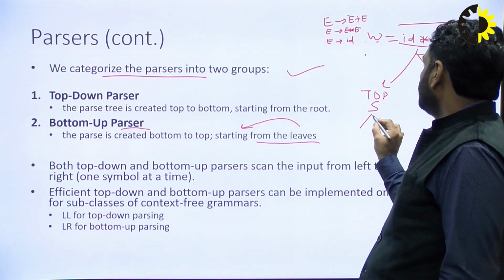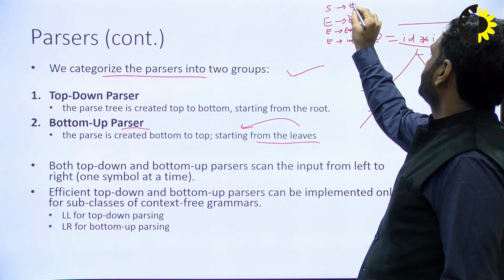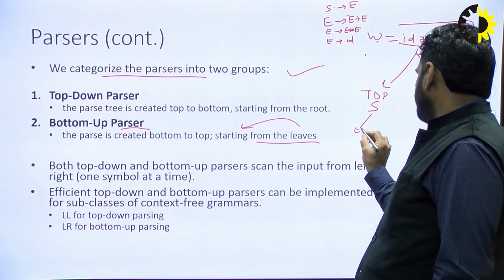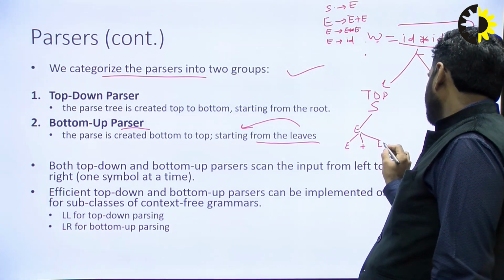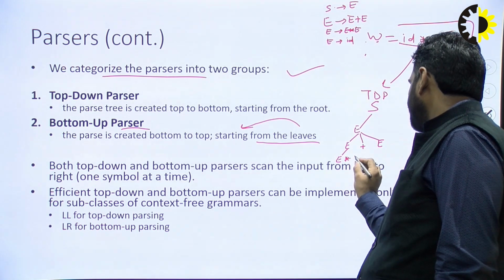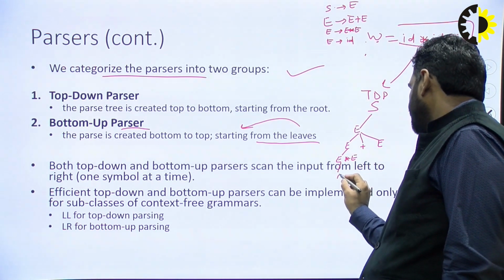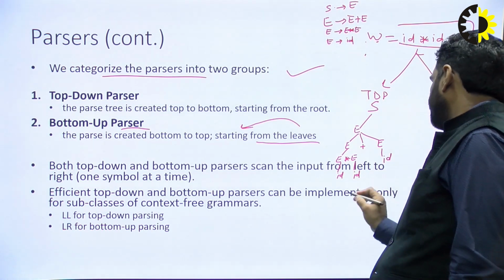So we start with E, then E plus E, then E asterisk E. Again, this is id, this is id, and this is id.